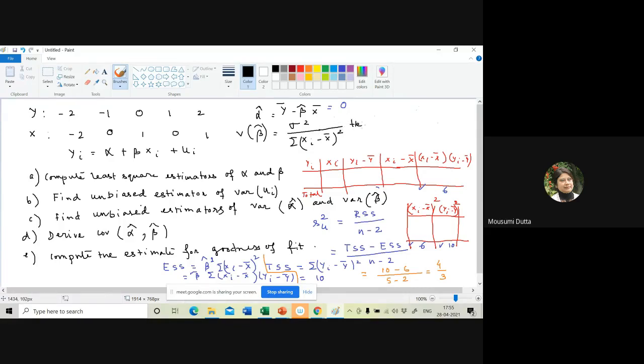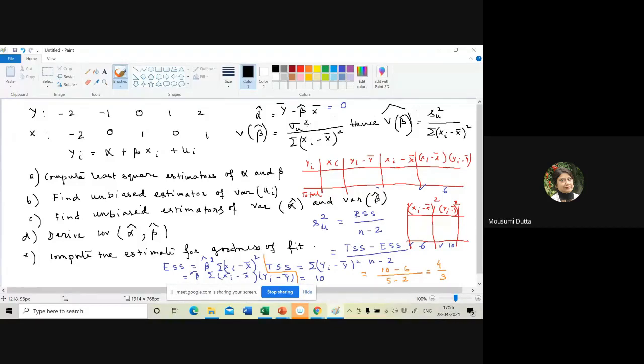Hence the estimated value of variance of beta hat, or unbiased estimator of variance of beta hat, will be Su square divided by summation xi minus x bar whole square, so I'm replacing sigma u square by Su square.